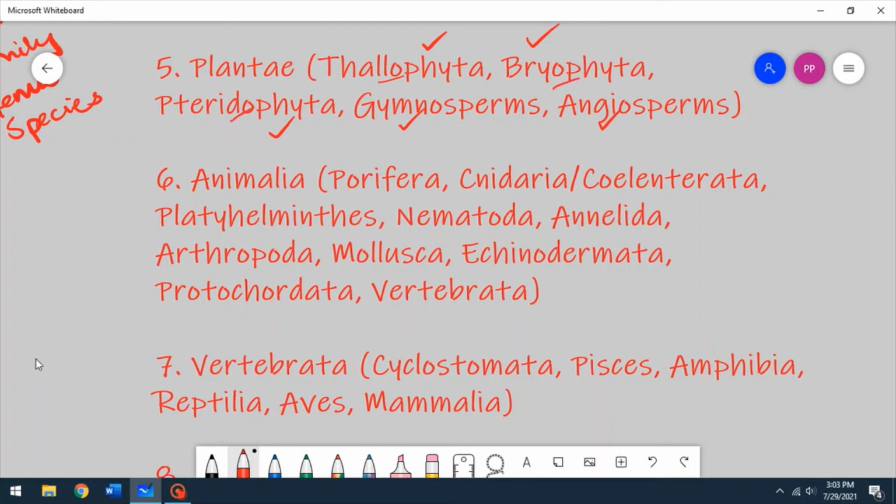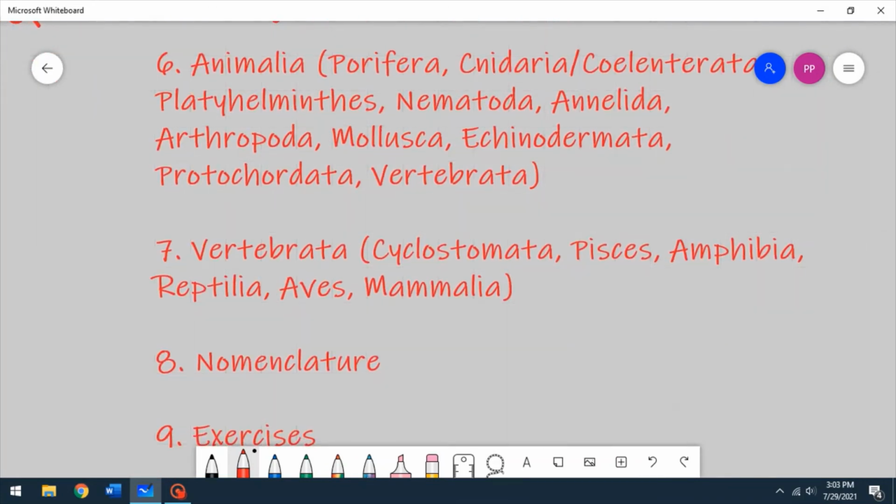Pteridophyta has a well-differentiated body and a specialized tissue for conduction of water, but it has hidden reproductive organs, or cryptogams. Gymnosperms and angiosperms have visible reproductive organs. Gymnosperms have naked seeds. Angiosperms have seeds that are enclosed within fruits, or flowers.